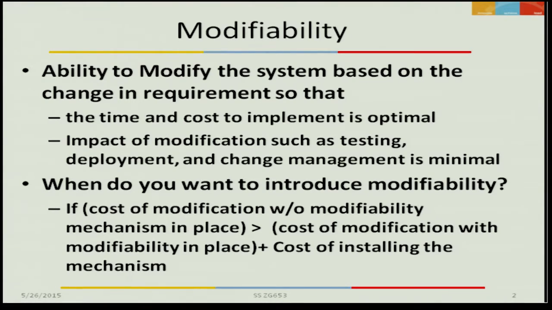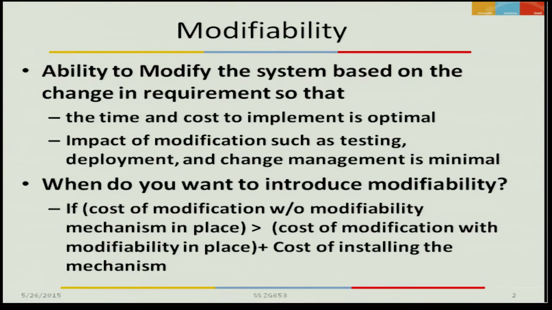So the cost of modification is what I'm talking about. You have a system and there is a modification request, you are modifying it and you're evaluating the cost of modification. That's very easy to compute, and most software development and software services organizations know how to compute the cost of modification.